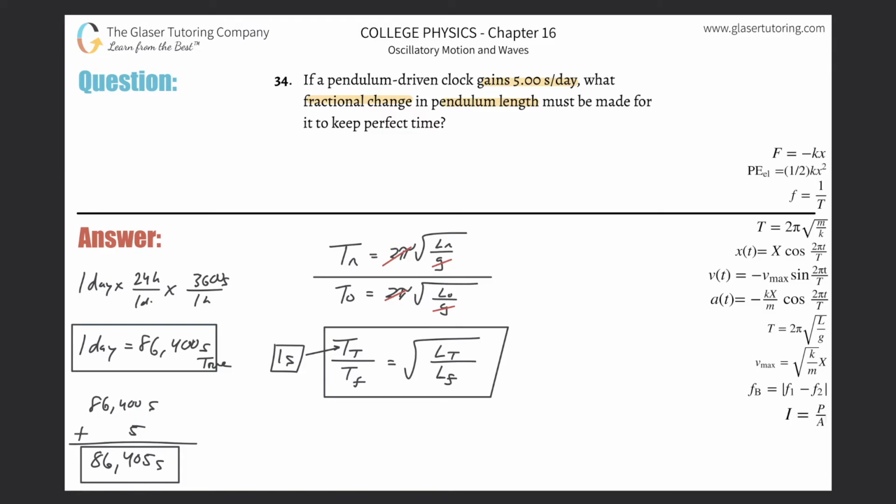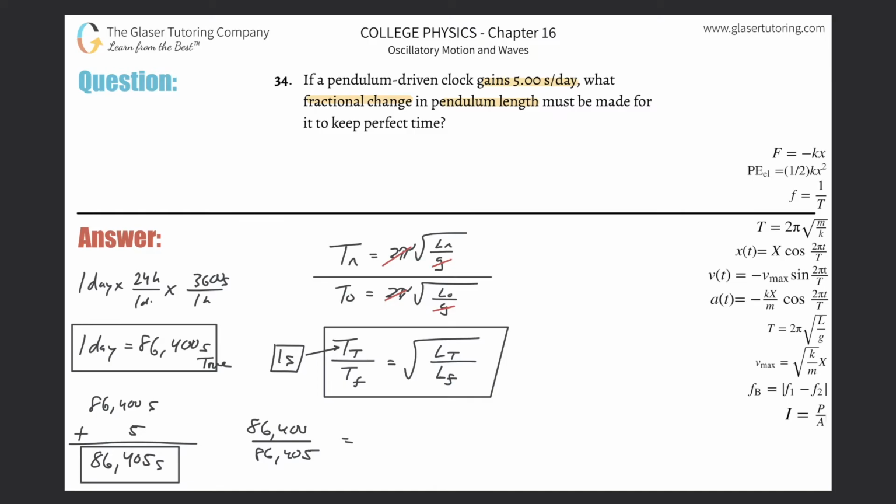Well, I can simply do a division, okay? I can now take the actual, like I think we did in the problem before, 86,400, and now I can divide it by 86,405. And this would now tell me basically the period.